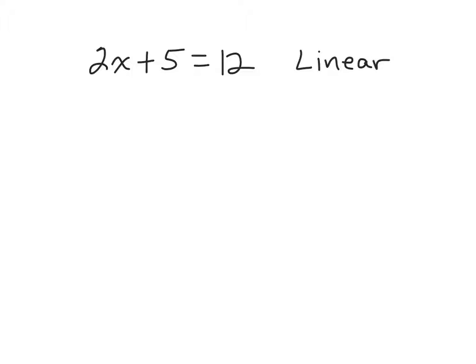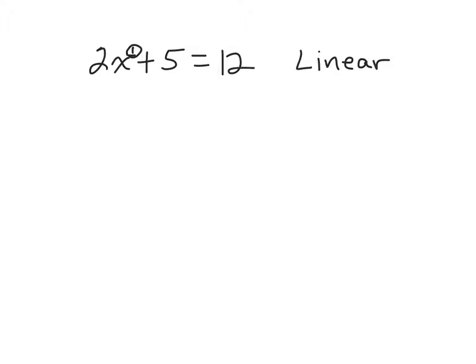Do you remember back in chapter 2 we talked about a linear equation is first degree? The x is being raised to the first power in a linear equation. The strategy for solving a linear equation was put your x's on one side, put the constants on the other.